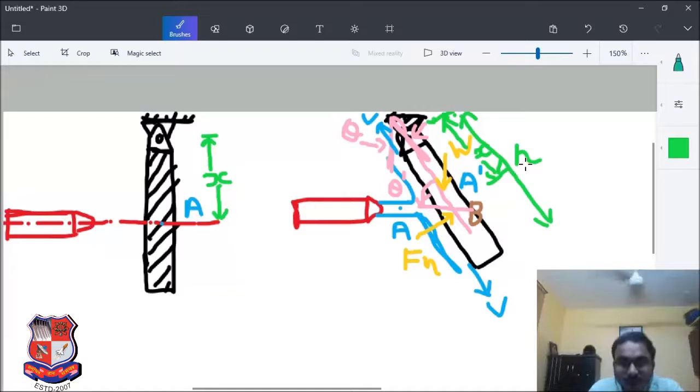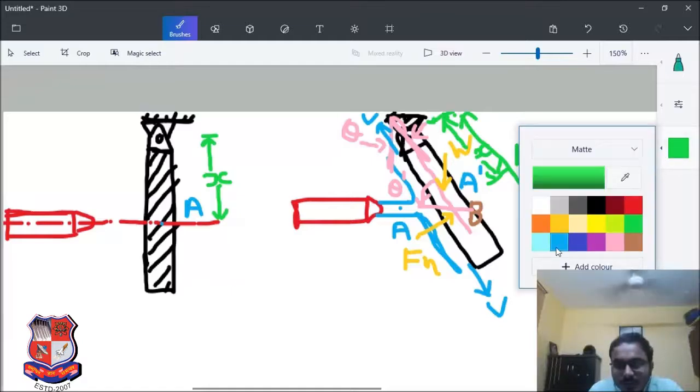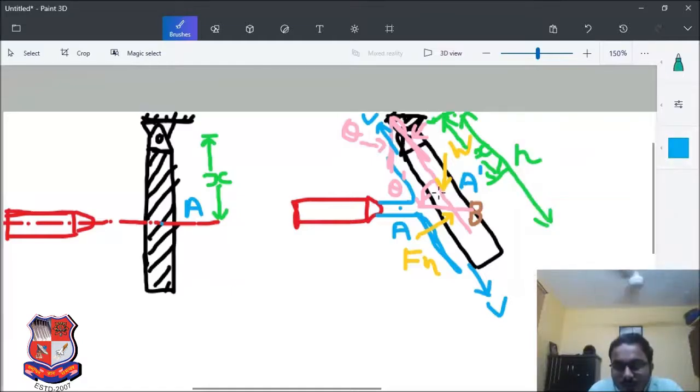Okay, so we are done with this figure. And one more point, this is point A here, and we can also have another point which is parallel to A prime, which is here. We will denote it as C.